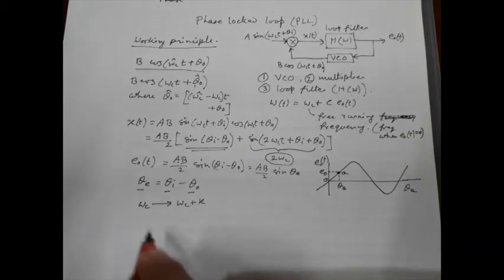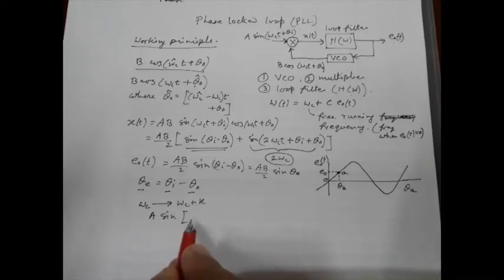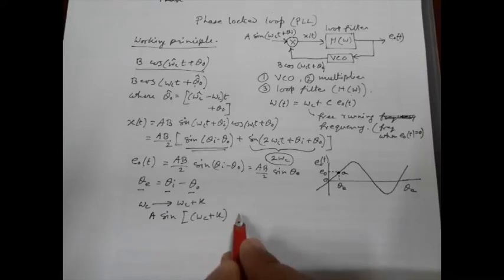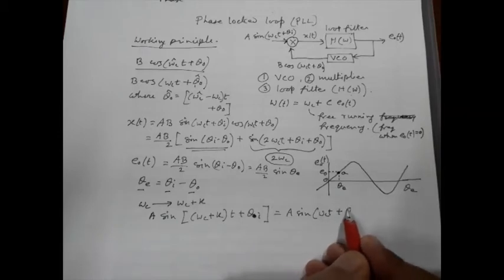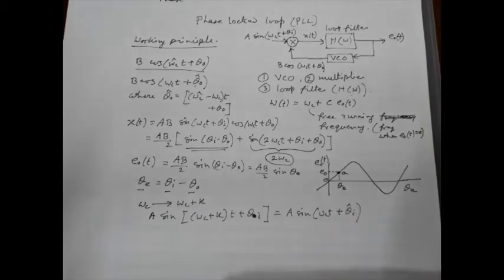That means now the incoming signal becomes A sine of (omega c plus k) t plus theta I, that is equal to A sine of omega c t plus theta I cap, where this theta I cap equals k into t plus theta I.